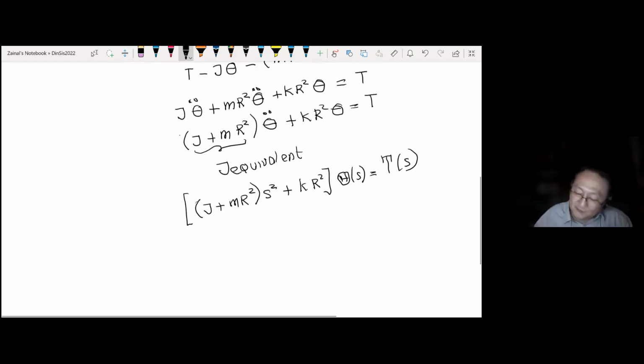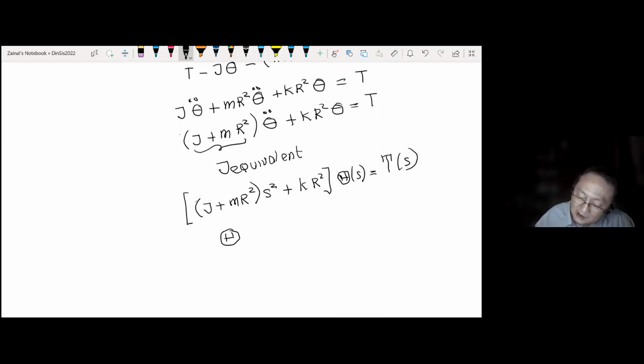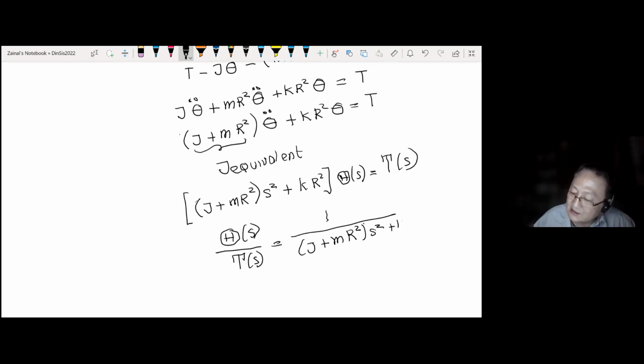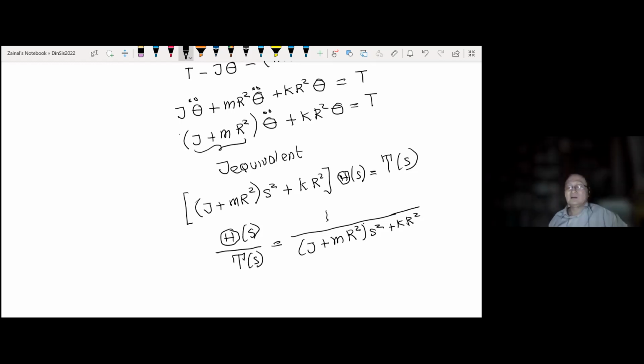So the transfer function of theta of s divided by T of s is equal to 1 divided by J plus m r square, s square plus k r square.